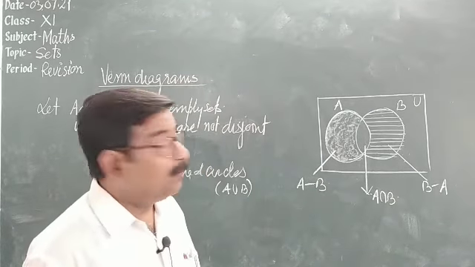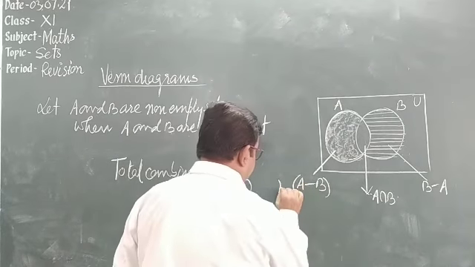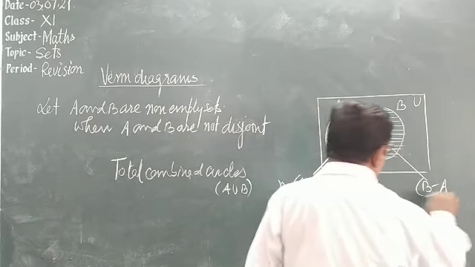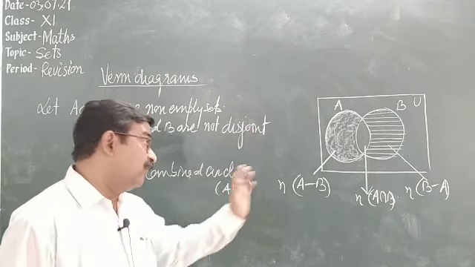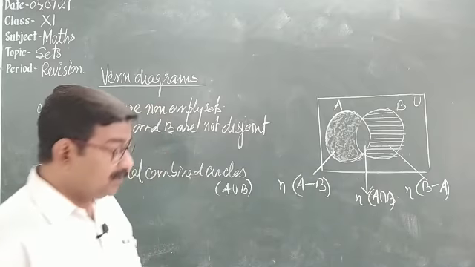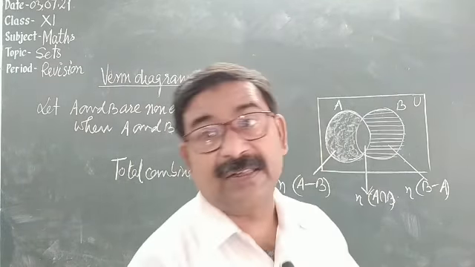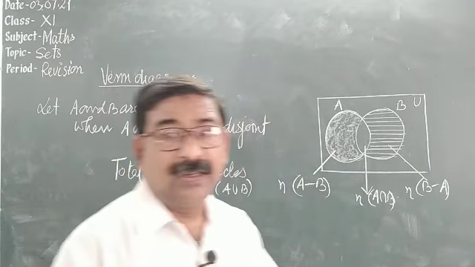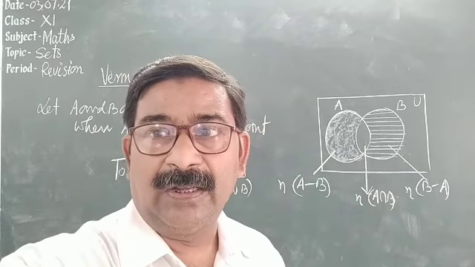And if we talk about the cardinal number, we can write here n(A minus B), and here n(B minus A), meaning the number of elements found in those portions. So this is all about today's lecture. Now we shall see some more facts about sets, formulas, and some additional questions in the next lecture. Okay, till then, God bless you and thank you very much.